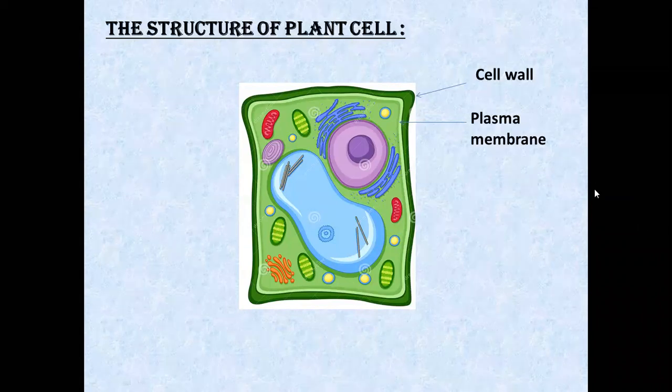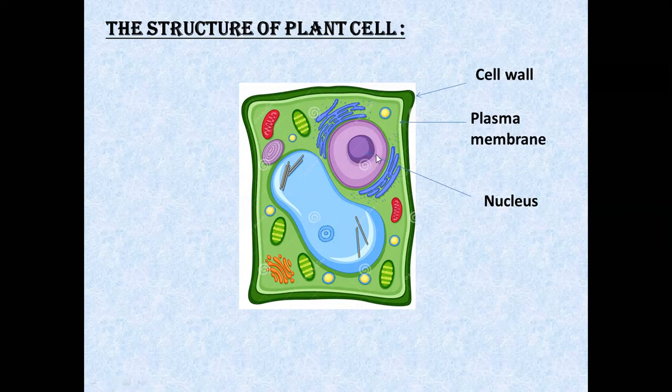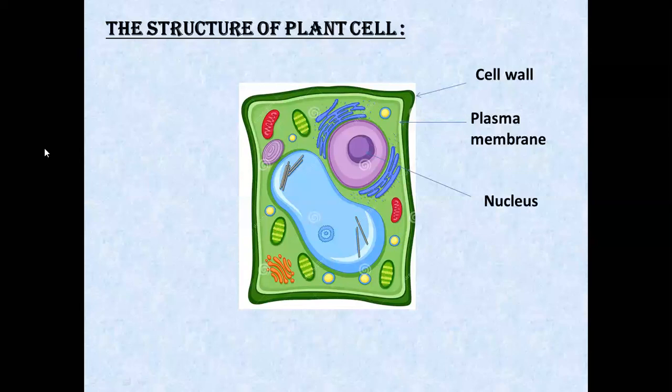Then we have this circle that we talked about before, which is called the nucleus. We said it's responsible for cell division, because when it's divided into two parts, the whole cell is divided into two cells.